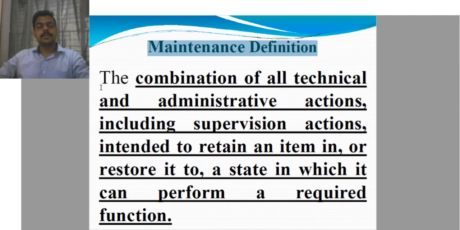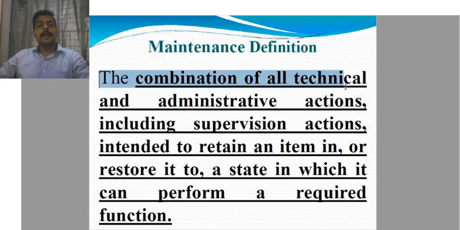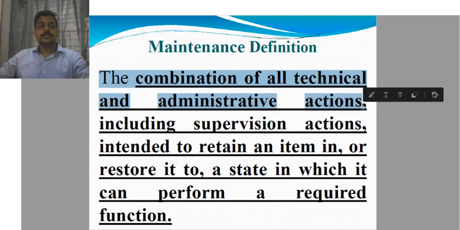This definition includes all the aspects of maintenance, and by knowing this definition, the person who is working under this department is responsible to do this action. The definition says that it is a combination of all the technical and administrative actions.